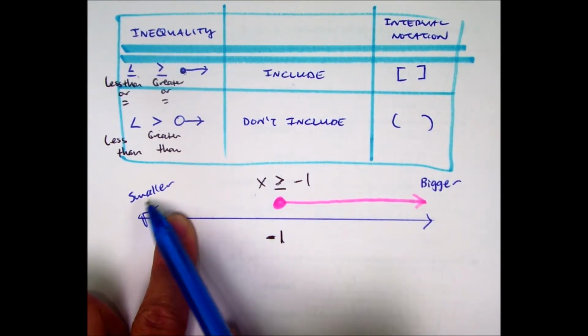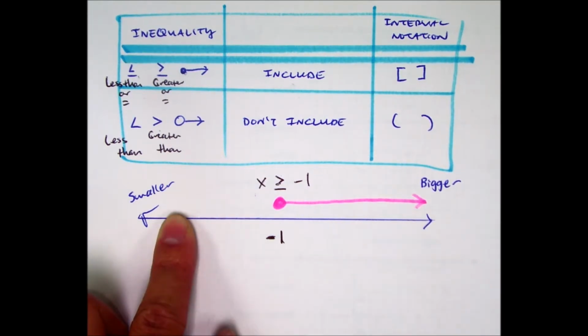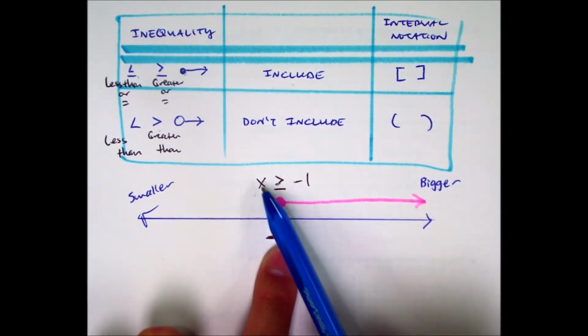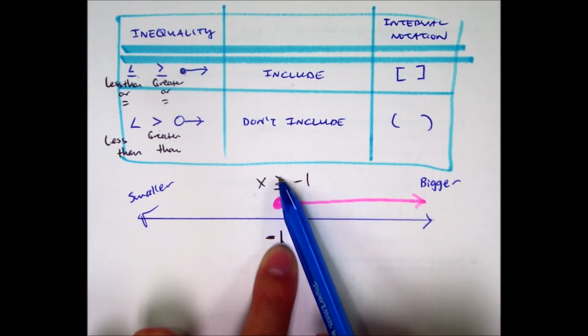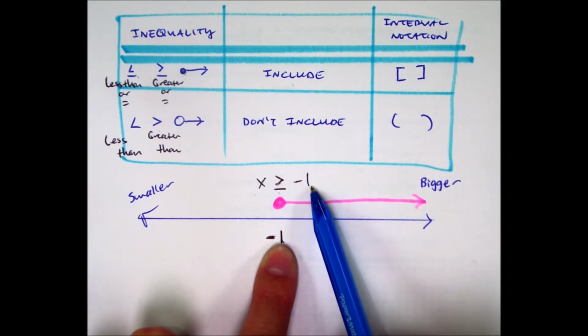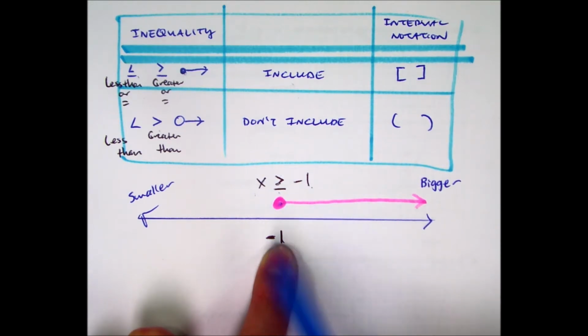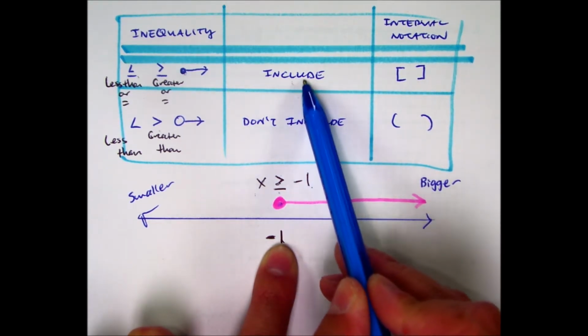No, and this gives you an idea. Remember, it's smaller going in this direction. Notice there's no pink area. How about -1? Is it a solution? If I put -1 in here, is -1 bigger or equal to -1? Yes, it's equals. And that's why that area is bubbled in. You include it as one of your answers.